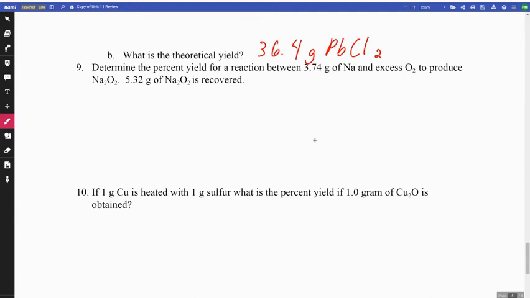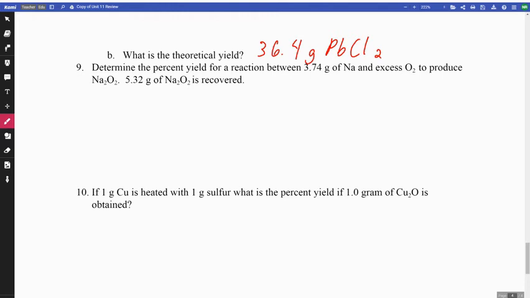Okay, so now we are going to do a percent yield problem. Now, we have determined the percent yield for a reaction between 3.74 grams of Na and excess O2. Now, what that means is we only have one given. We don't have to worry about doing our two stoichiometry problems to figure out our percent yield, or our theoretical yield and limiting reactant and everything.